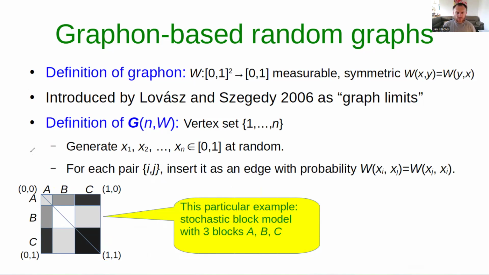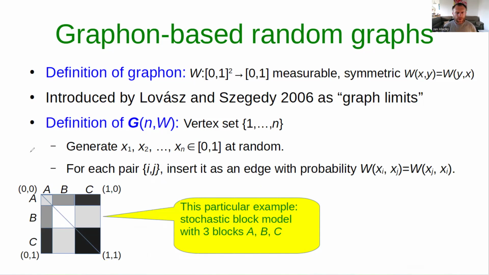You can think of the stochastic block model as having a finite number of communities, 3 in this example, community A being somewhat smaller than communities B and C, where friendship probabilities between any two people depend solely on which two communities they belong to. Okay, so the stochastic block model is a particular case of graphons.